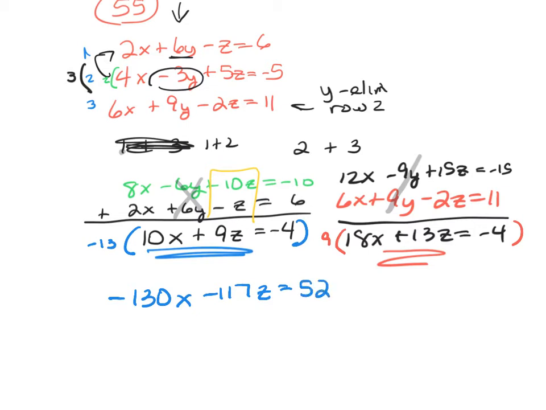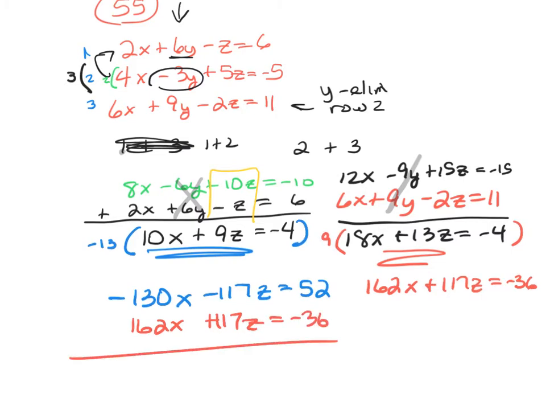Now I'm going to do the red one. 9 times 18 is 162. 9 times 13 is the positive 117z. And then 9 times -4 is -36. Now I'm going to line them up and add the two equations.